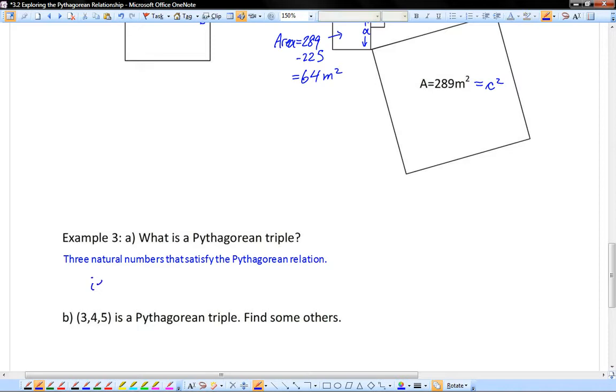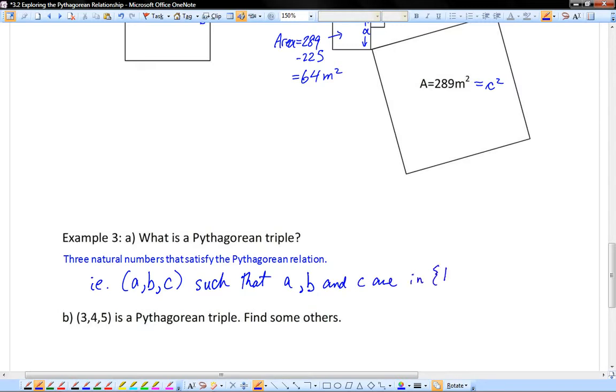So, in other words, it's three numbers a, b, and c, such that each of a, b, and c are in this set of numbers.